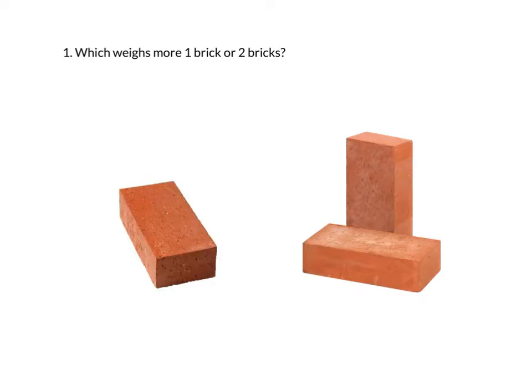In fact, the amount should be twice as much. So that means if one brick is 5 pounds, two bricks should be 10 pounds. Or if one brick is 2.27 kilograms, then two bricks should be 4.54 kilograms.